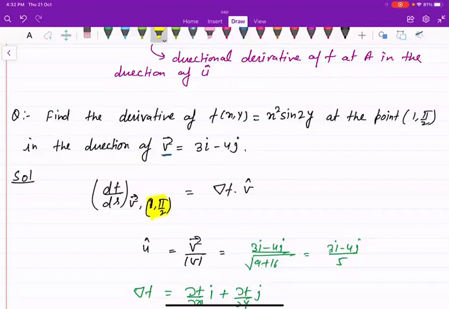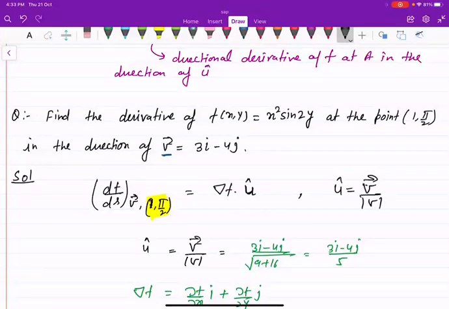It is equal to del f dot unit vector u, where u equals b upon mod of b. That means now it is a unit vector.